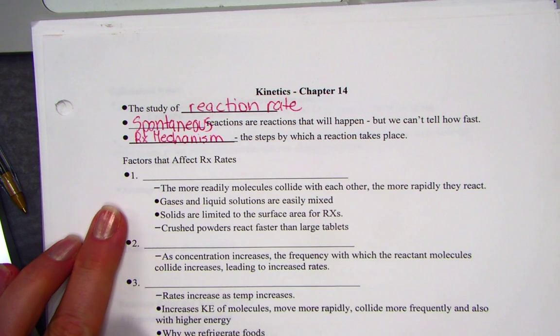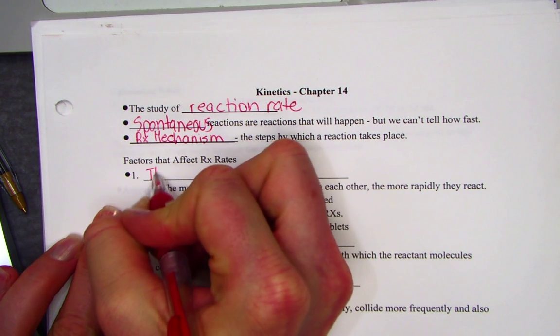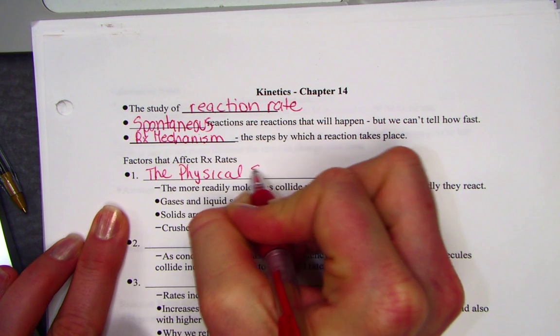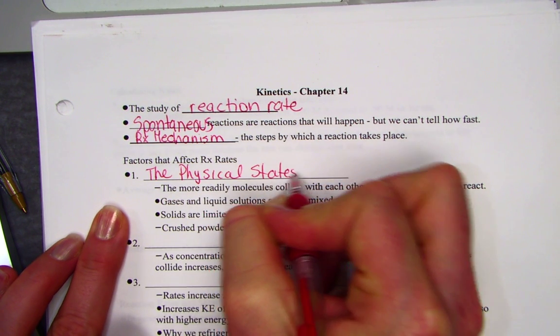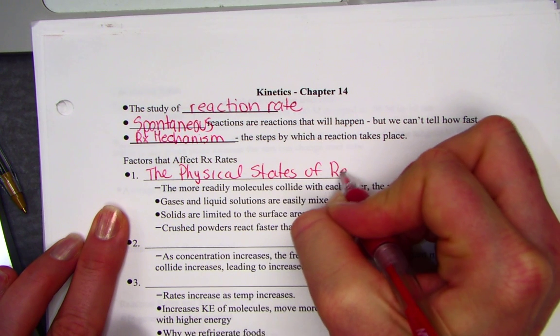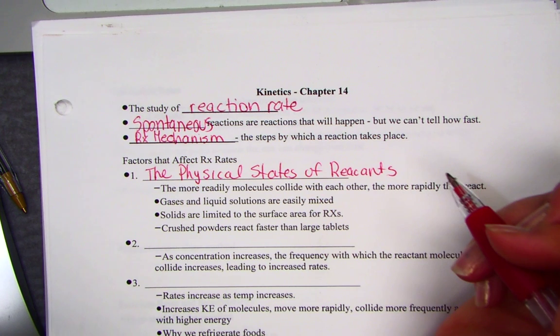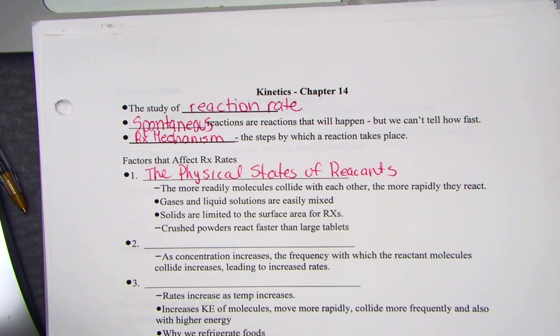Well, one of the factors is the physical states of reactants. The physical states of reactants determines, are they solids, are they liquids, are they gases? What are those physical states? We know that the more readily molecules can collide with one another, the more rapidly they react. They physically have to come into contact with each other to cause reactants to turn to product. So I can see gases and liquids.